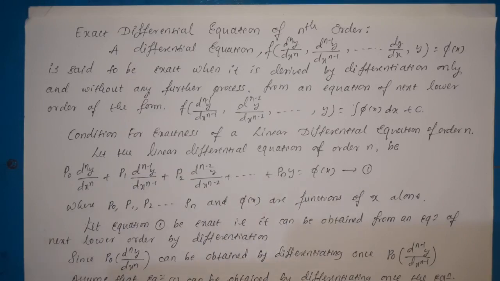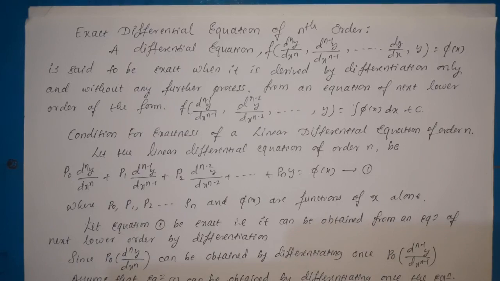Let us consider that as equation number 1. Here p0, p1, p2 up to pn, along with phi of x, are functions of x alone, meaning they are not necessarily constants. They may be constants but they should be a function of x alone.